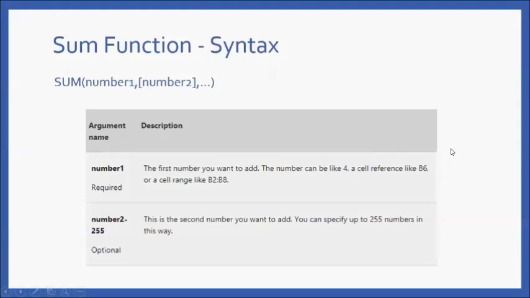So we have here some argument names and their descriptions under the SUM function syntax. Number1, the first number you want to add. The number can be like 4, a cell reference like B6, or a cell range like B2:B8. And then number2, up to 255.